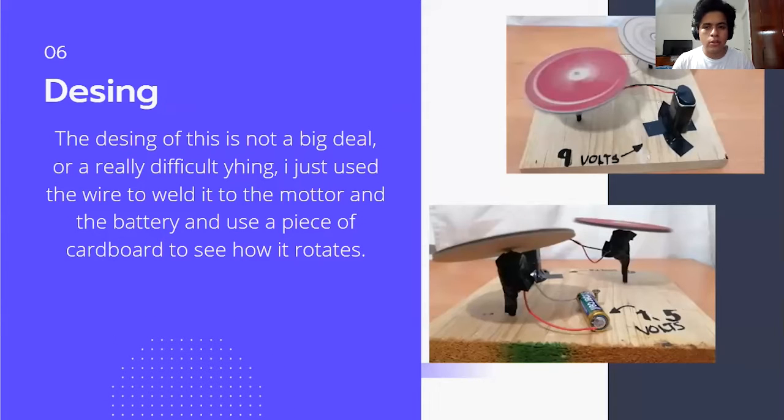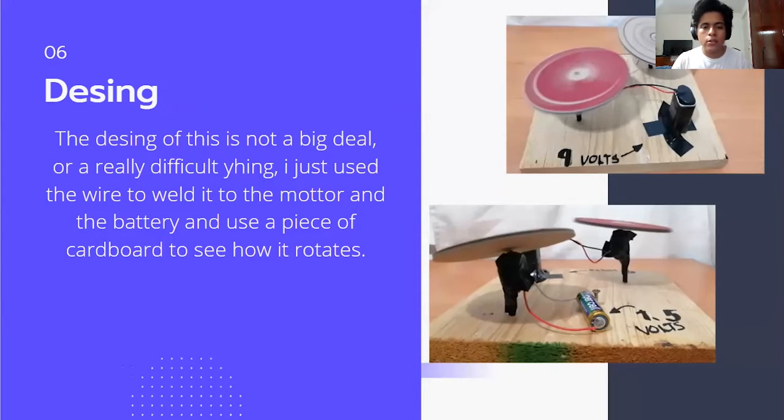The design was pretty simple. It was not a big deal doing this. I used the wire that I mentioned to plug the battery to the motor. I used two pieces of cardboard, which help us to see the rotation better.